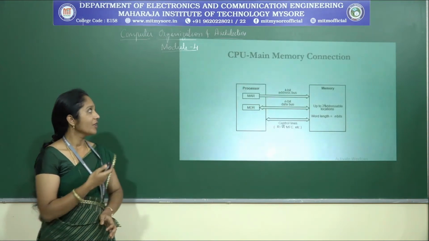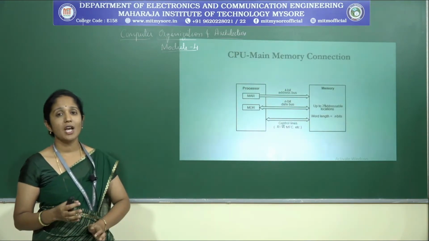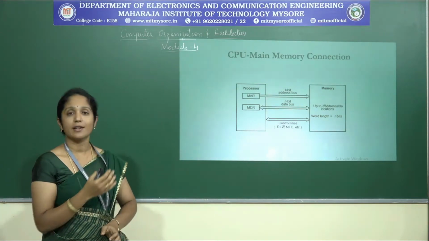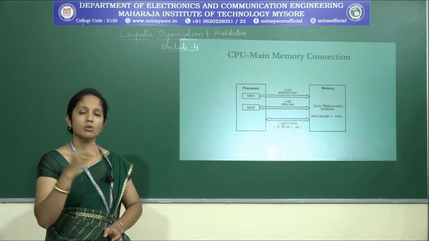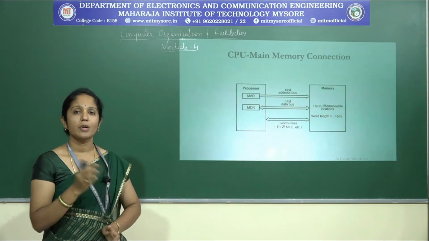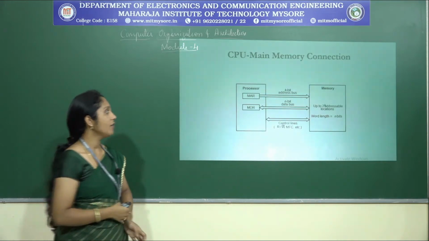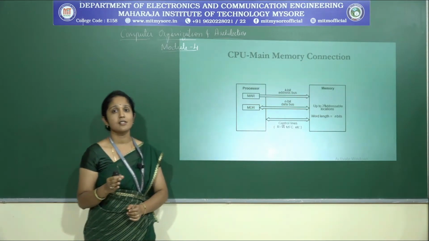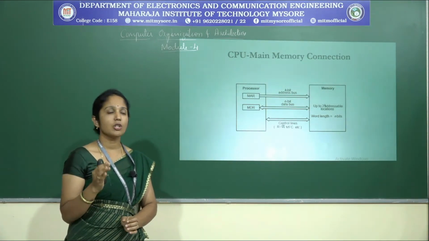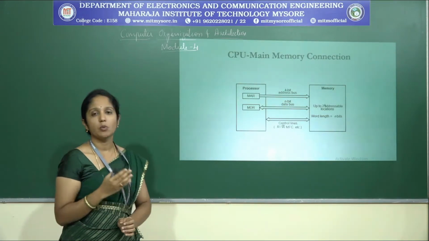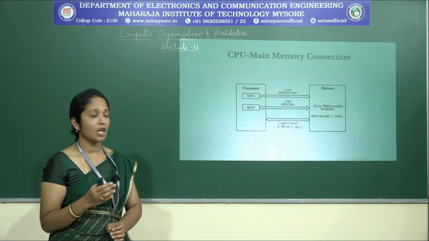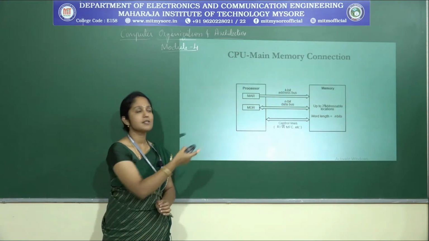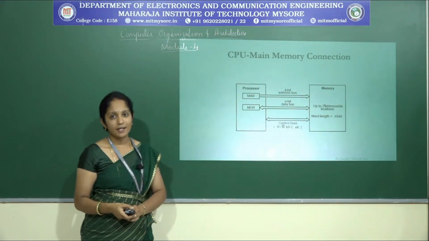Then if you consider the connection, we have seen this already in the first module: how the CPU and main memory are connected. There we have a diagram which is a bit different from this, but the concept is the same. Here we have the processor and memory, and we have two main registers used to establish the communication between the processor and memory: the memory address register and the memory data register.